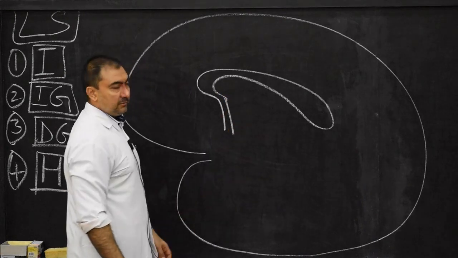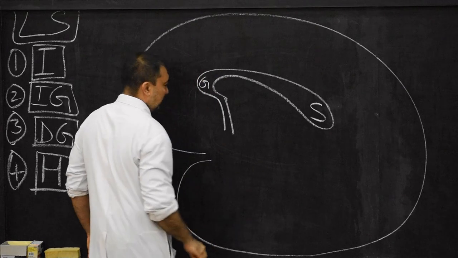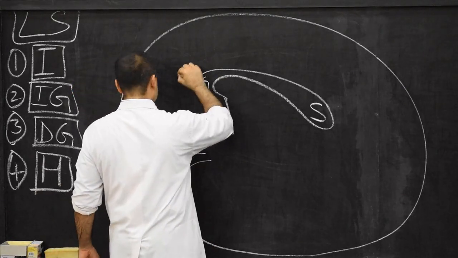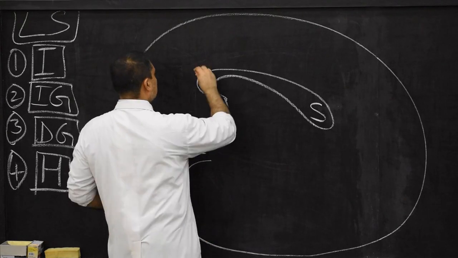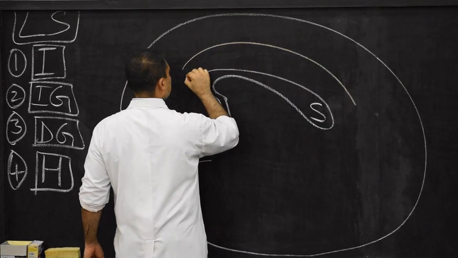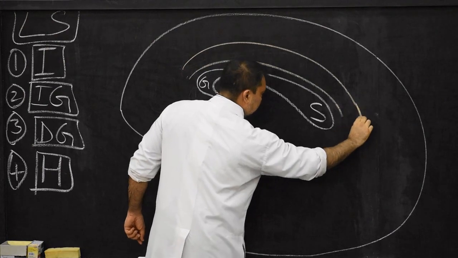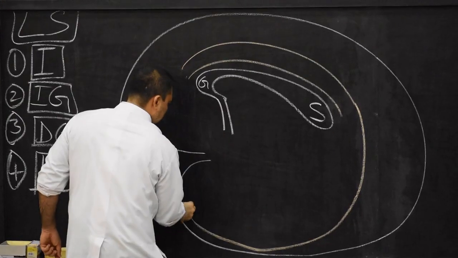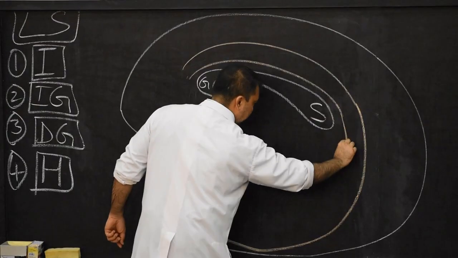Here we have the corpus callosum, so therefore genu and splenium. Similarly, then we show the cingulate gyrus. So therefore, we will draw the cingulate gyrus in the form of orange color. So here we show the entire cingulate gyrus, and then we continue the cingulate gyrus here in the temporal lobe, and this we consider as parahippocampal gyrus.